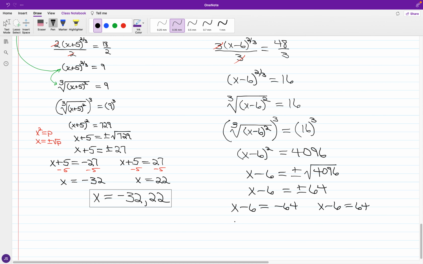So with x minus 6 equal to negative 64, if I add 6, we'll have that x is equal to negative 58.